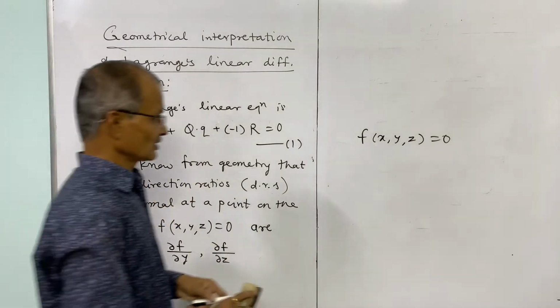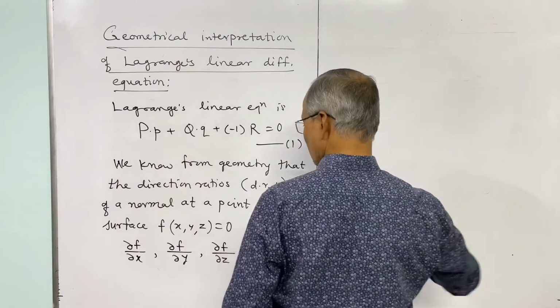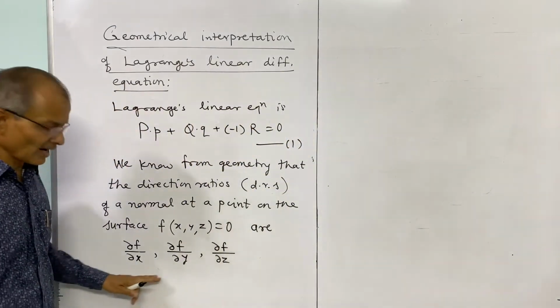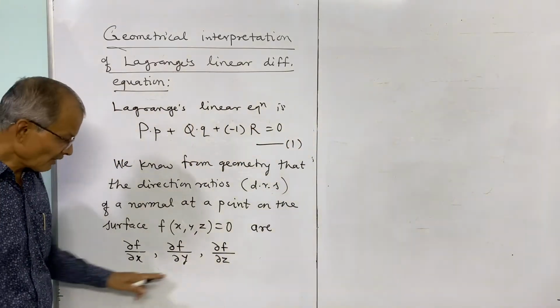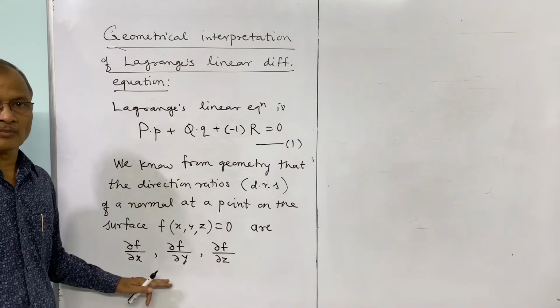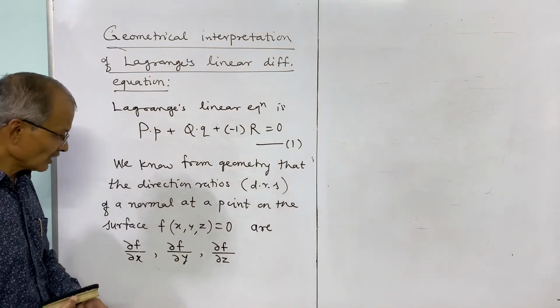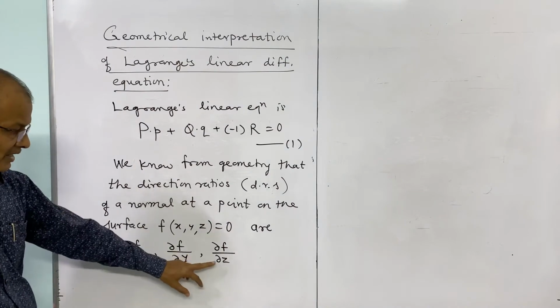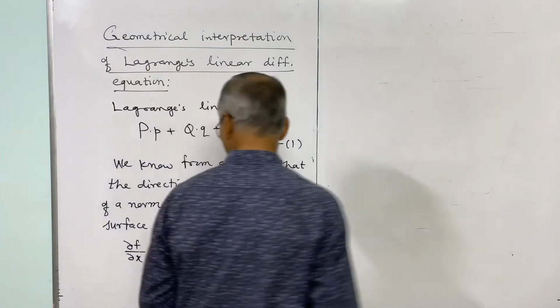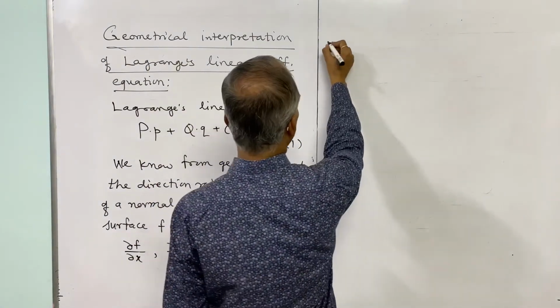These are the DRs. Now these are ratios, so therefore we can write in alternative form. We can divide these ratios by any number that we want, and here we shall divide each ratio by negative of the last number.